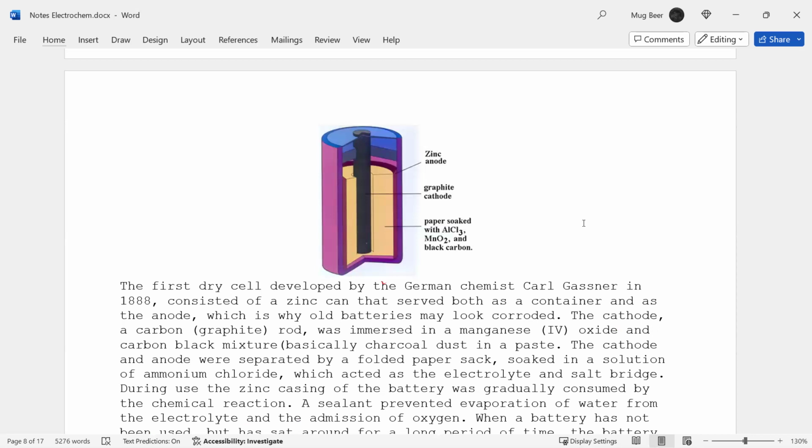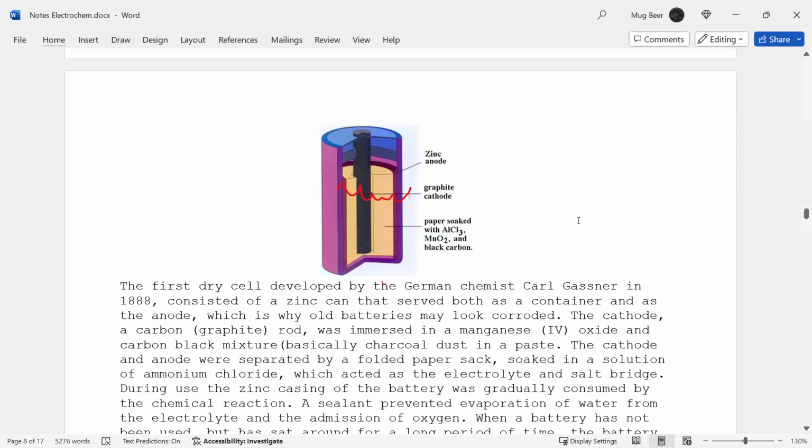It can't be fully sealed because gases get produced, so those gases need a way to escape. And then the other thing is, if you drop a battery, sometimes this piece of graphite in the middle, since it's literally just the inside of a pencil, breaks because it hit really hard, and the battery isn't going to function anymore.